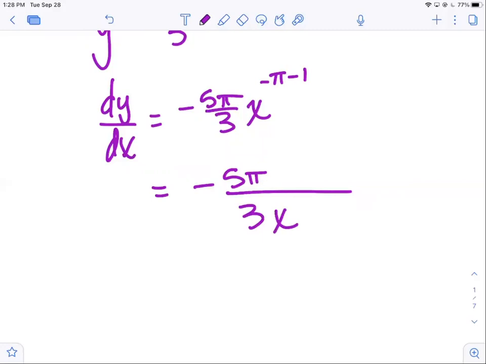And what's my new exponent in the bottom? Is it pi minus 1 or pi plus 1? Pi plus 1. I got to change the sign of the exponent, which because it's two terms, I would have to distribute the negative. Okay? So it becomes pi plus 1.